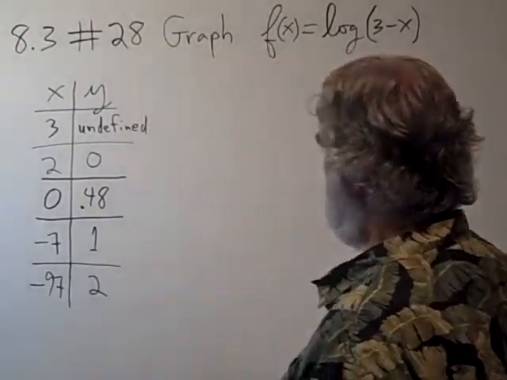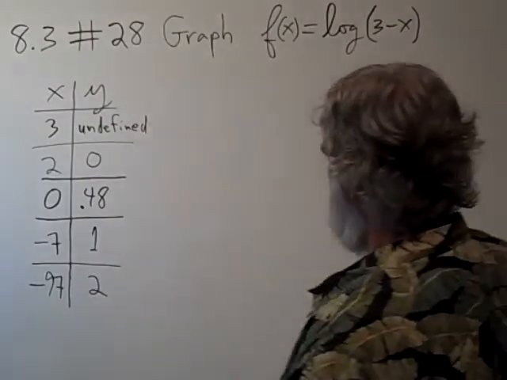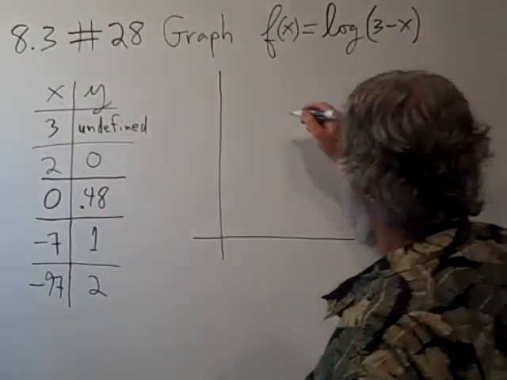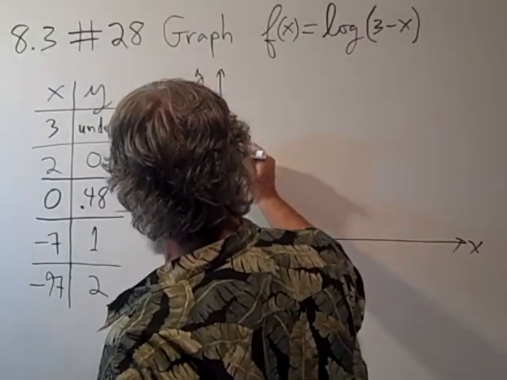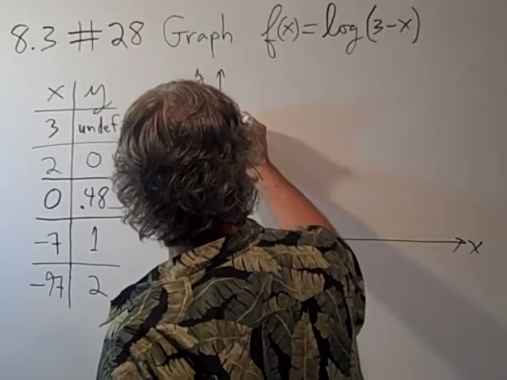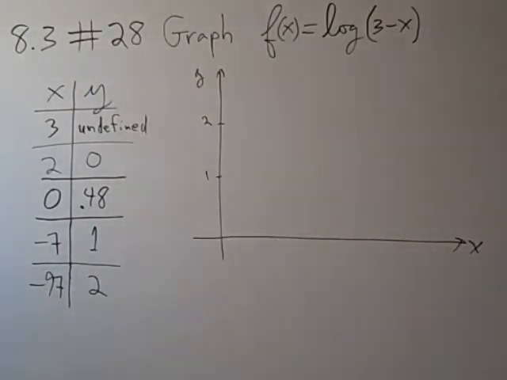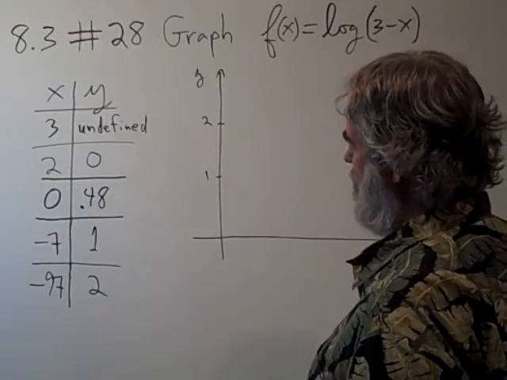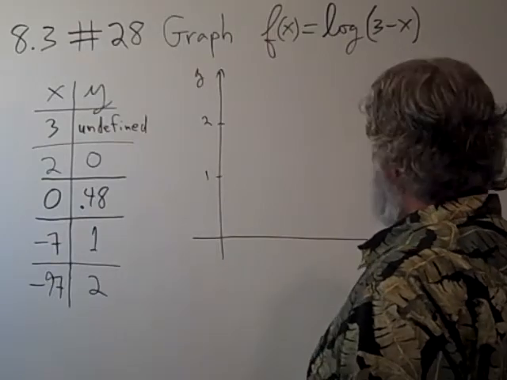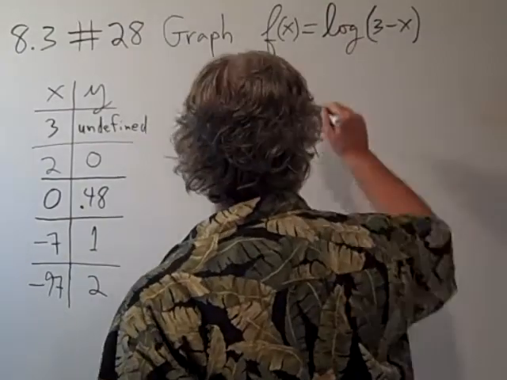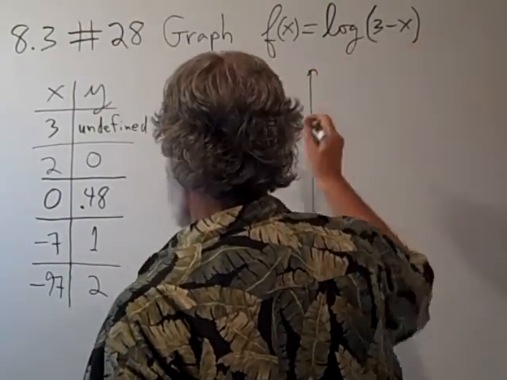So notice all the y values are above the x-axis, and we only go up to a height of 2. So let's let this be 1 and this is 2. And let's let x go, we go in the negative x, so I better redraw my coordinate system.